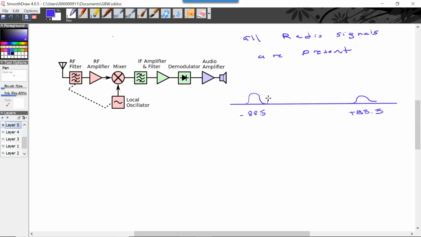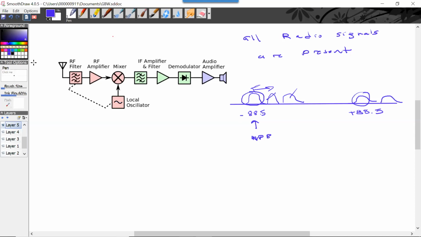There's all these other radio stations. This one happens to be NPR. So the channels have to be separated by a certain distance, and that's why I think you can only tune in terms of half, because they're spread out. So all these are there, and I want to get rid of everything except these.